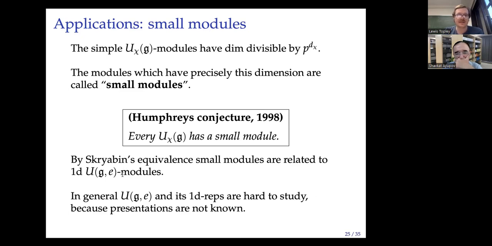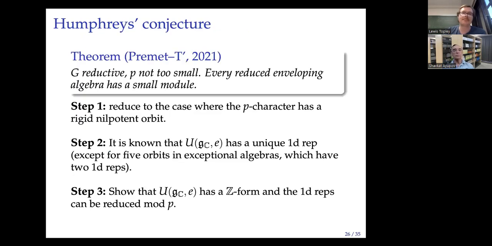But the one-dimensional reps of this are very hard to study because presentations are not known in general. As I say, this is just the invariants inside some module, and we generally have no idea what the relations are, even though we know that it's an almost commutative filtered algebra. So we gave a proof of this in 2021 together with Premet.